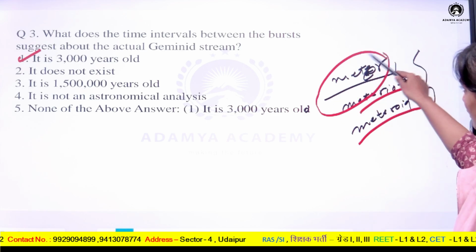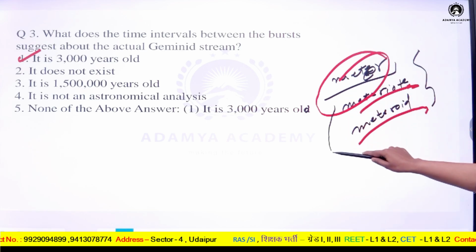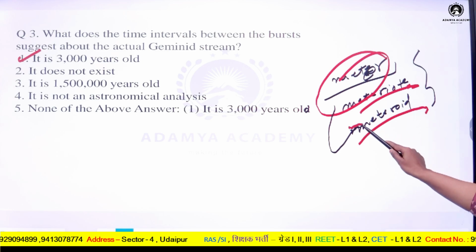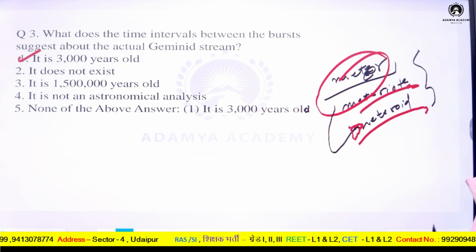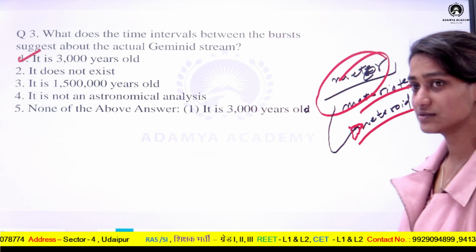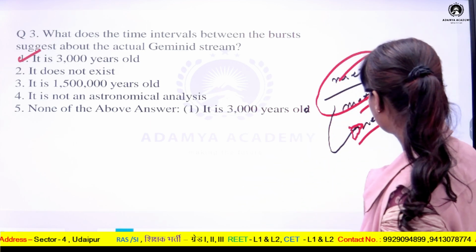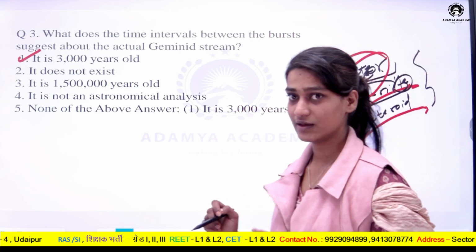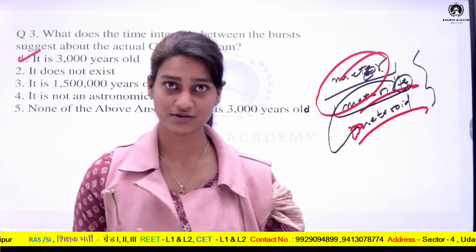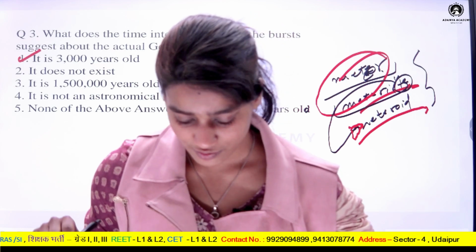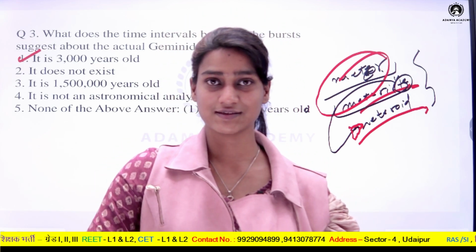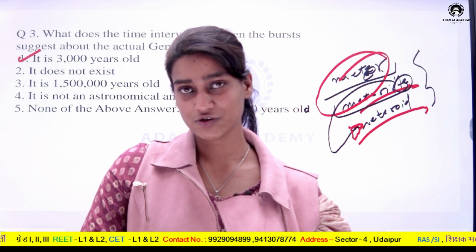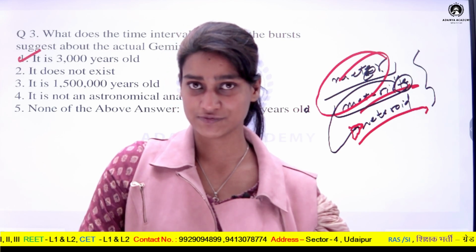A meteor is called a meteoroid when it enters into the Earth's atmosphere, and a meteor is called a meteorite when it actually falls on the Earth's surface and creates a hole or a depression in the Earth's surface. So this is the difference between meteor, meteorite and meteoroid.